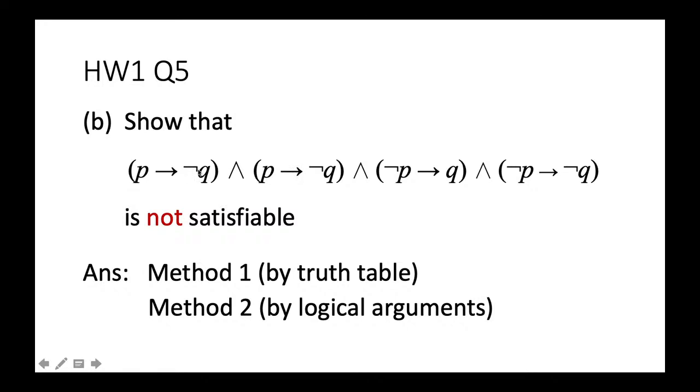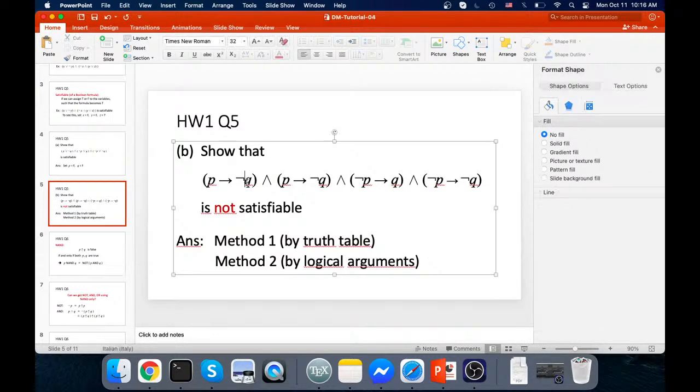Sorry, the first one should be P implies Q, I think. And then P implies not Q, not P implies Q, and not P implies not Q. So there's a typo here. Let me do the correction now immediately so that you won't be confused. So this is this one instead, okay?